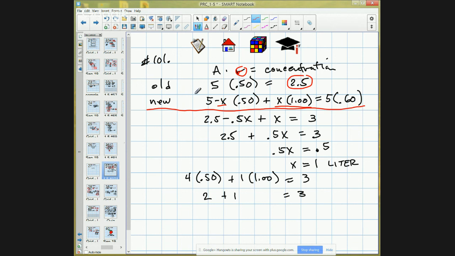So here is, I usually have the equation vertical, but that's the equation we need to solve the problem. And then you can go ahead and work it out. You can see I came up with 1 liter. So of the original 5 liters, you would have to pull a full liter out, replace it with a full liter at 100%, and you'll get your wish.